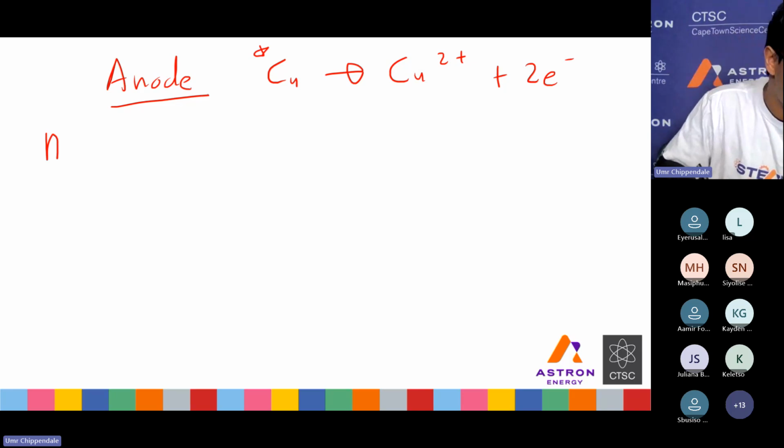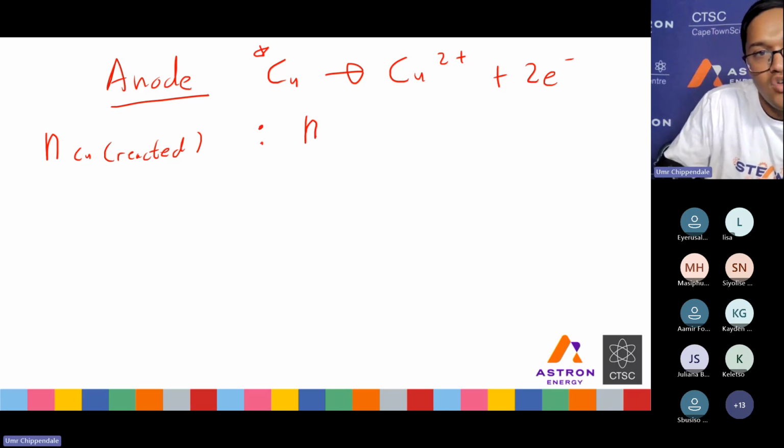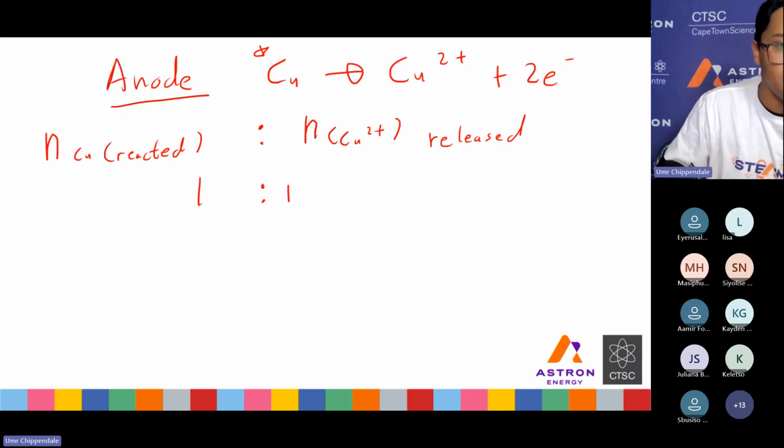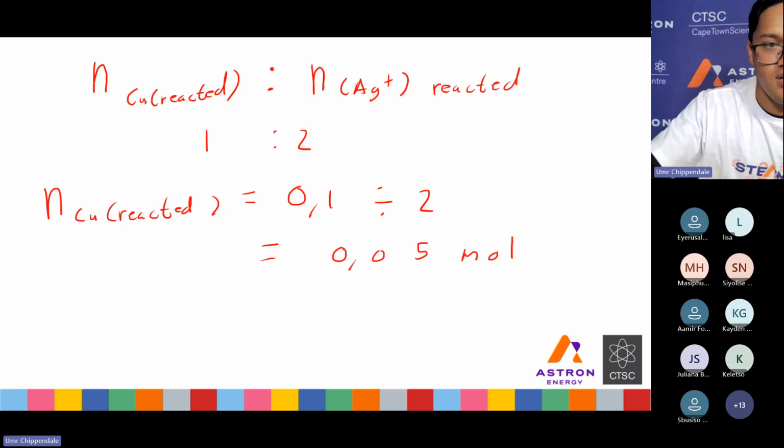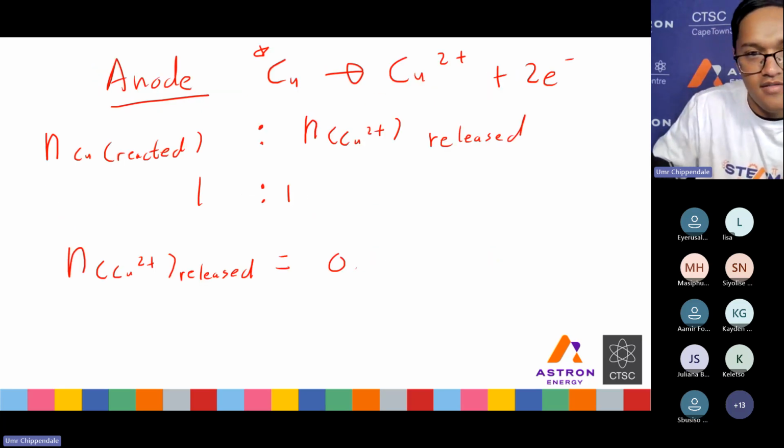The number of moles of our Cu that reacted, compared to our number of moles of our copper ion, Cu2+, that was actually released, is a 1:1 ratio. So therefore, the number of copper ions that was released is also equal to 0.05.